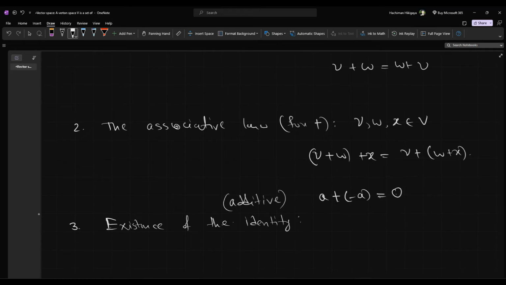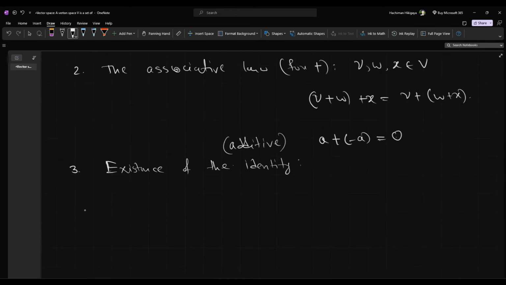So for the existence of identity, v plus 0 gives you v, since any operation with the identity leaves things just as they are. That's the additive identity.